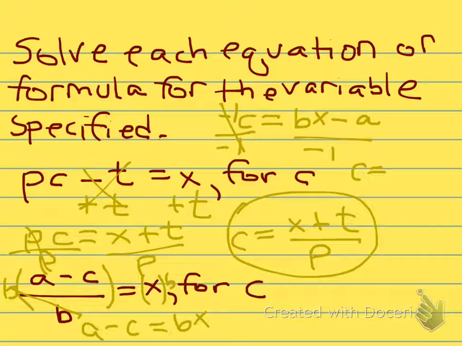So bx divided by negative 1 only makes the bx negative. And then the minus a divided by negative 1 actually makes the a positive. So I can simplify it to this. Negative bx plus a. And that's my final answer.